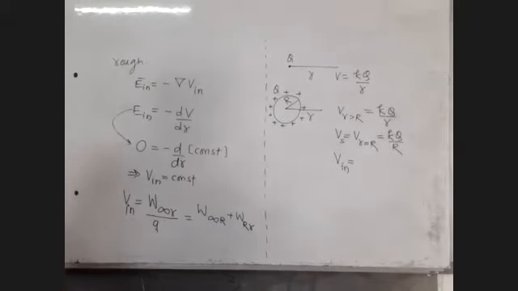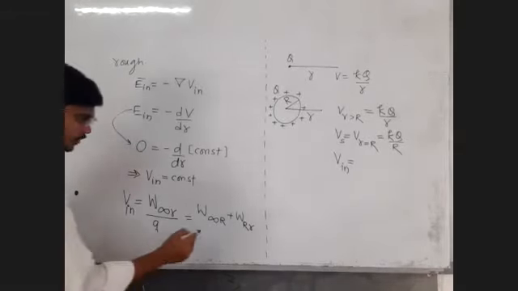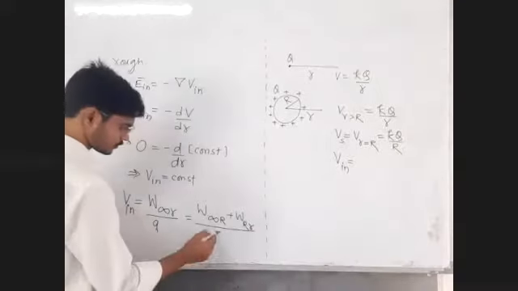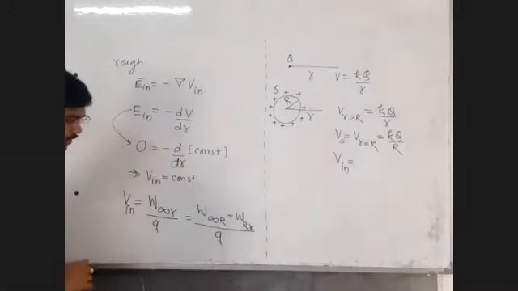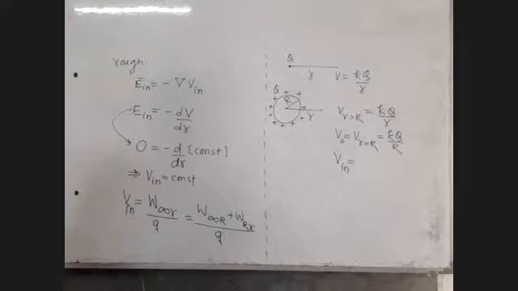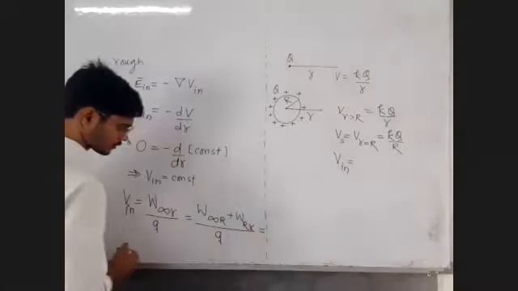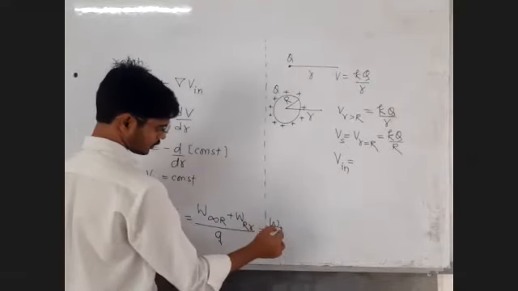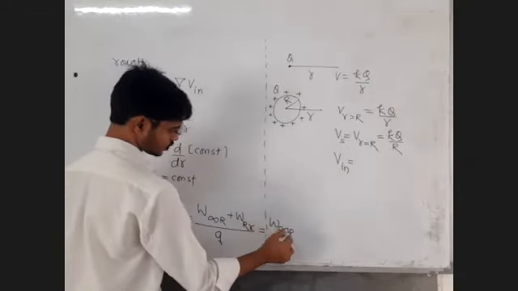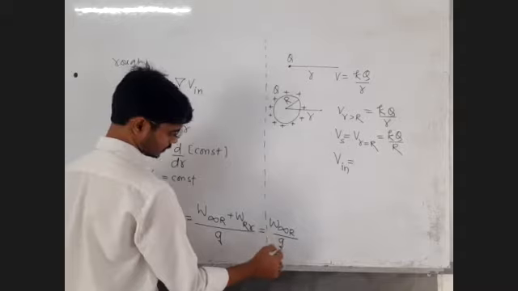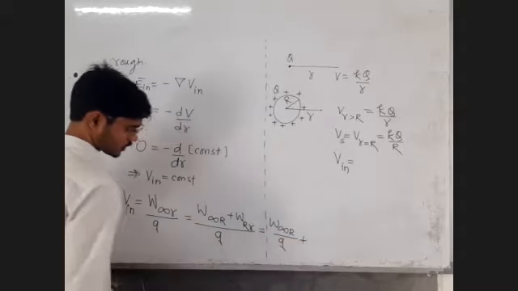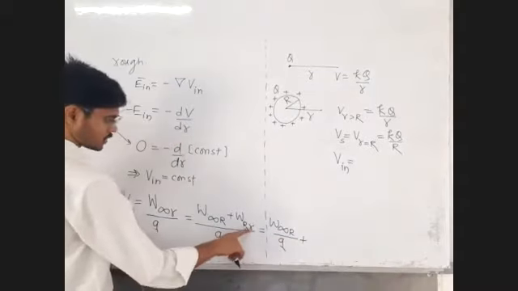To find out potential inside, work done is just a scalar value. Okay, try to understand, this is just rough work. Now, sir, what I can write is work done from infinity to surface divided by given charge plus work done from surface to inside point.